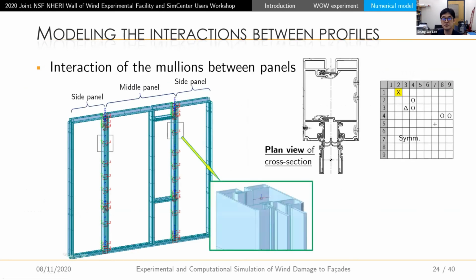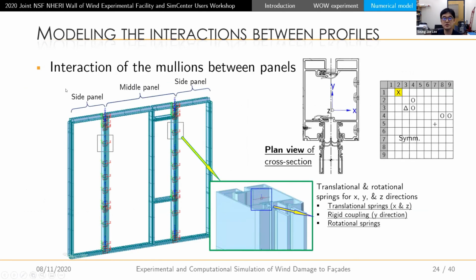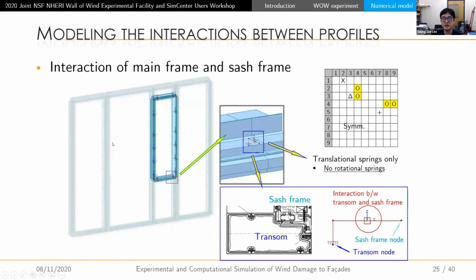For example, here, this is to model the interaction between the mullions, between these panels. We have 3 panels here, so we adopted translational and rotational springs for all directions. In that way, we could model the interaction of the mullions between the panels. We use the same strategy to model the interaction between the main frame and the chassis frame.